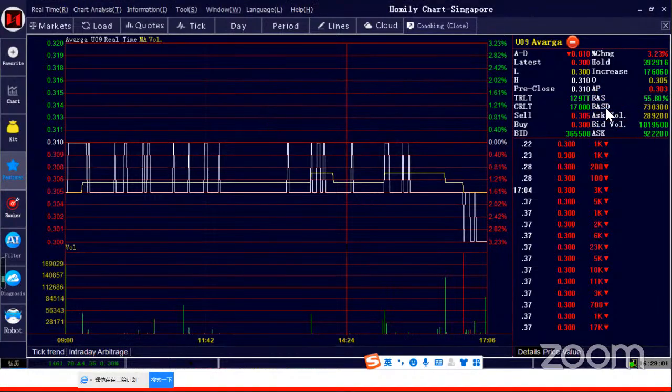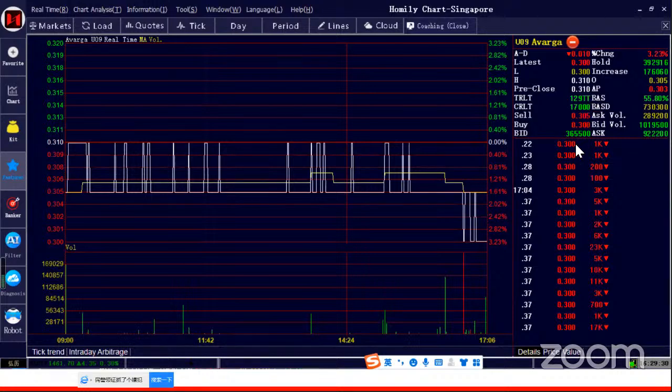The BASD here is the bid minus the ask, so the difference is the bid volume minus the ask volume. But with this bias, you will instantly see the buy power and the sell power, the ratio.